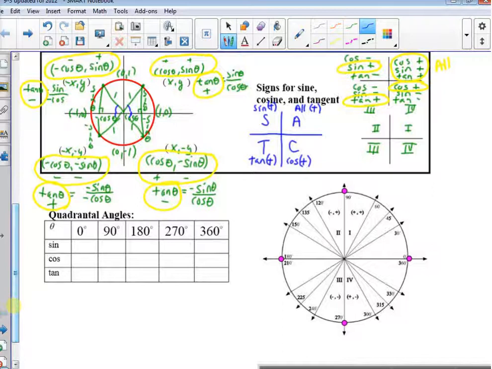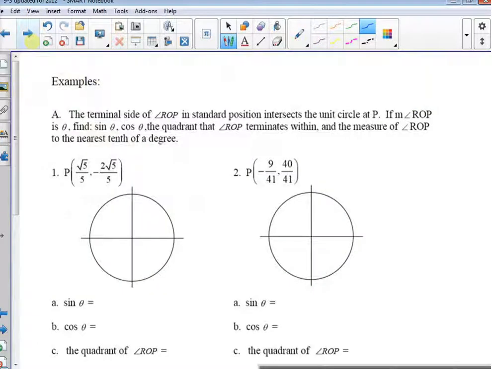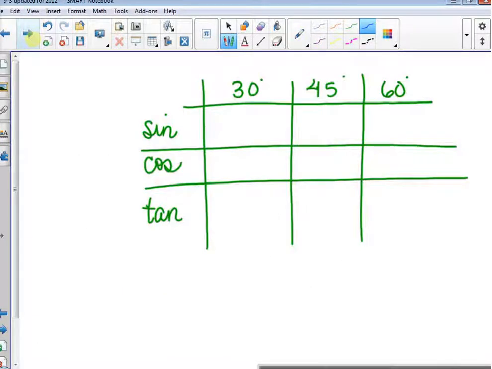All right, so then we've got this big circle here. If we look back at our chart from the other day, I'm going to go forward here and just review that. I have sine, cosine, and tan of 30, 45, 60. I need that now. There was a chart.